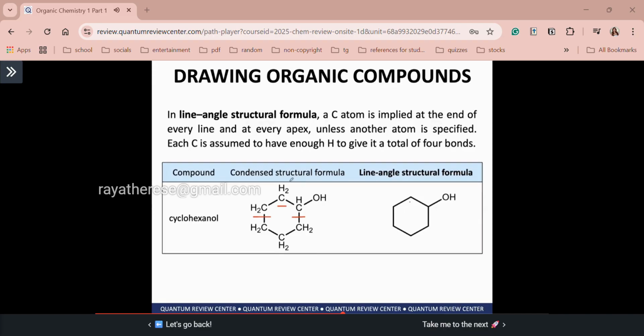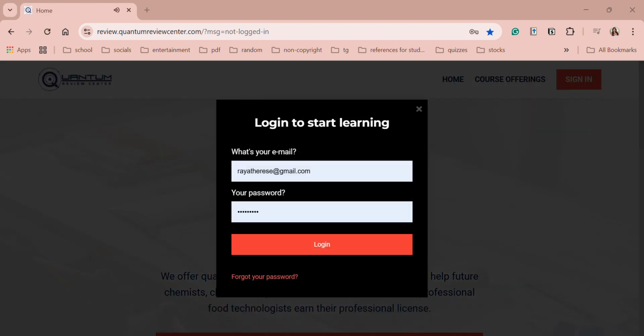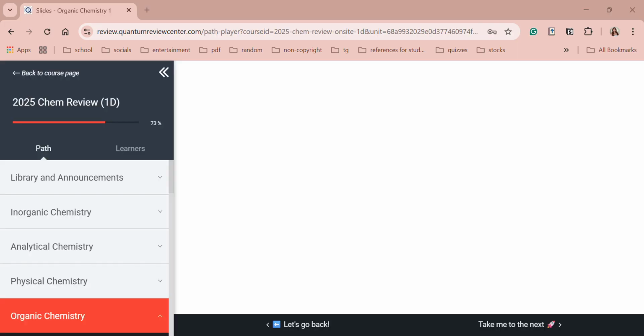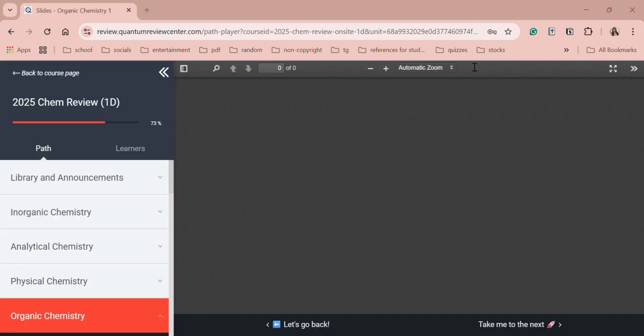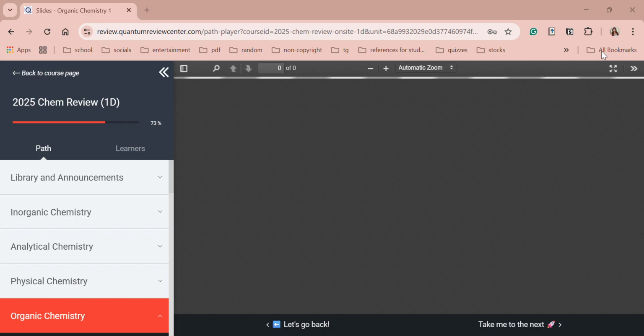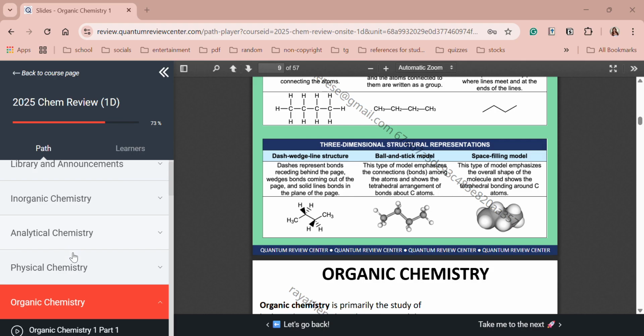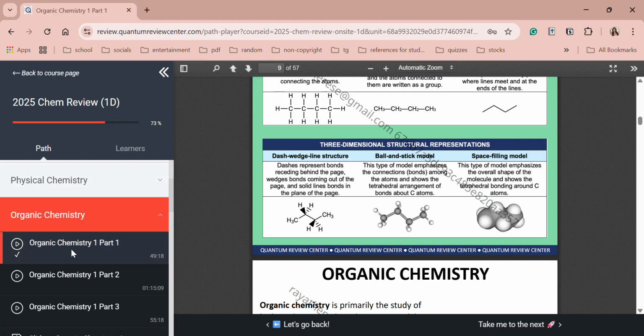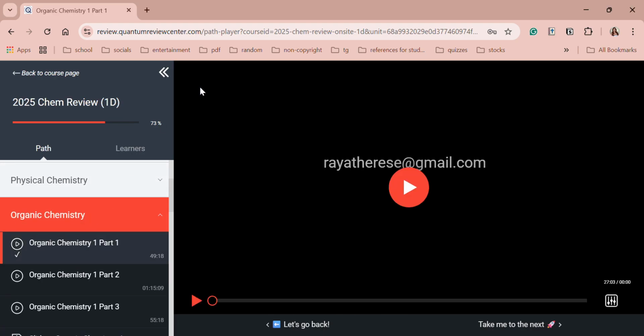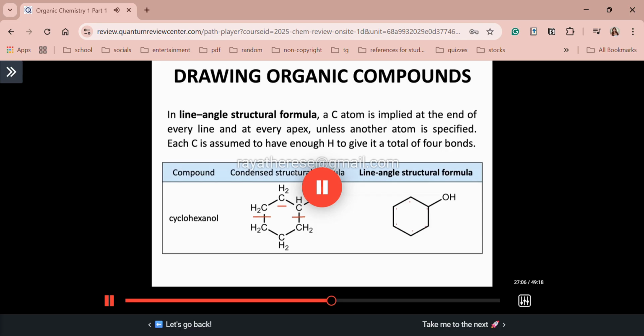As you can see at every corner, these are the sides of your carbons, and here we will assume that for your carbons, in order to follow your octet rule, they need to bond with your hydrogen.